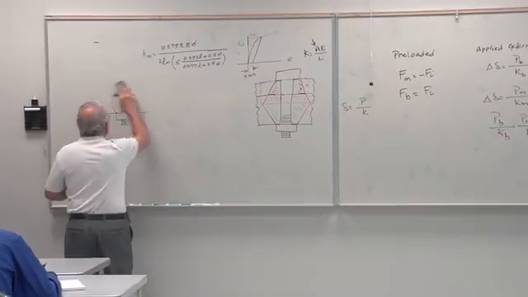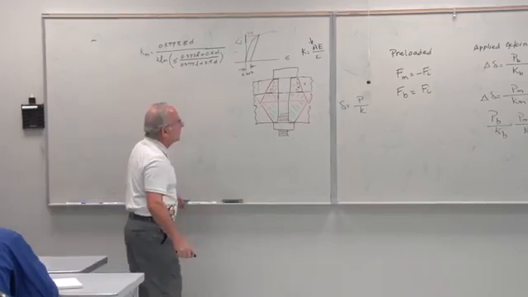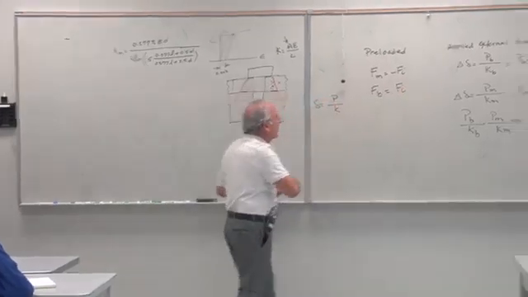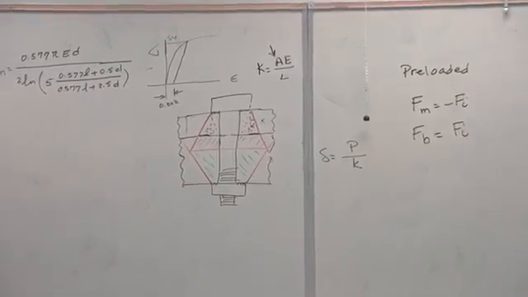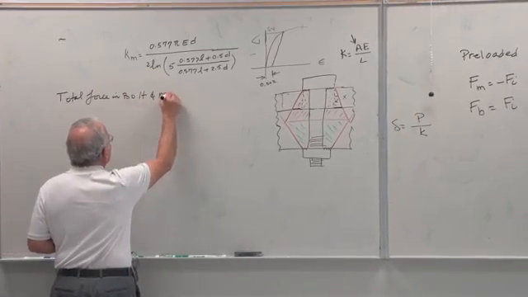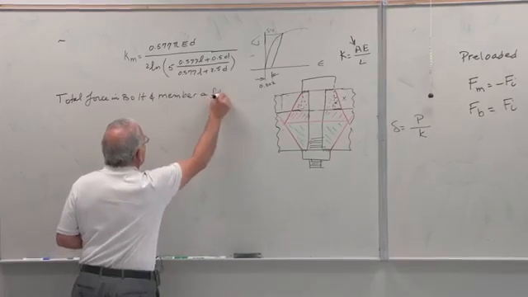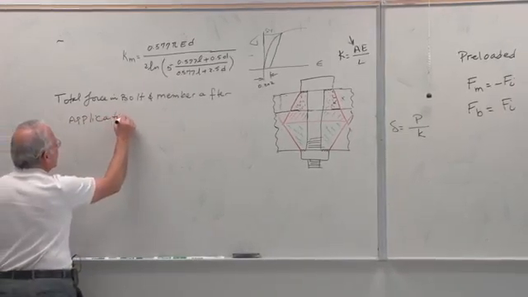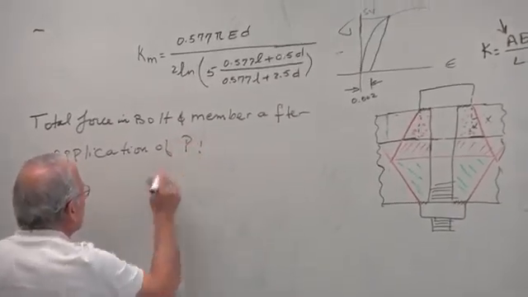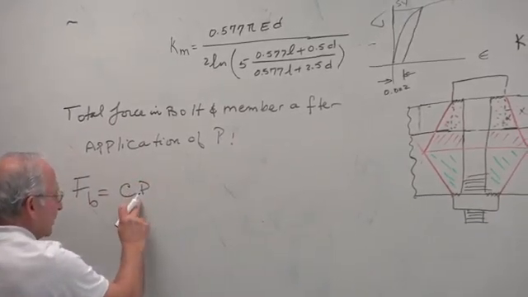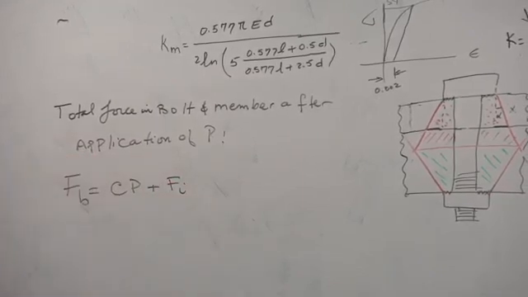Therefore, the total force in the bolt and member after application of P: F bolt is equal to CP from the externally applied load plus however much preload you had in it already.